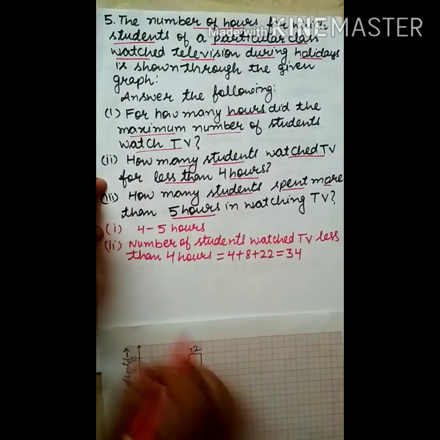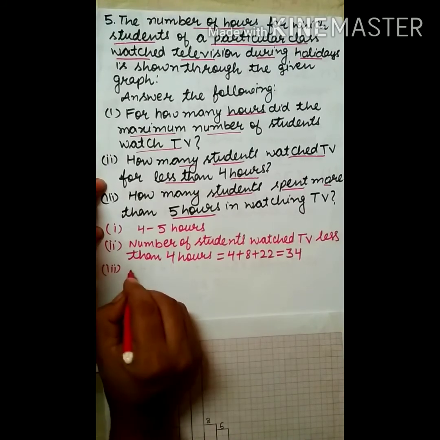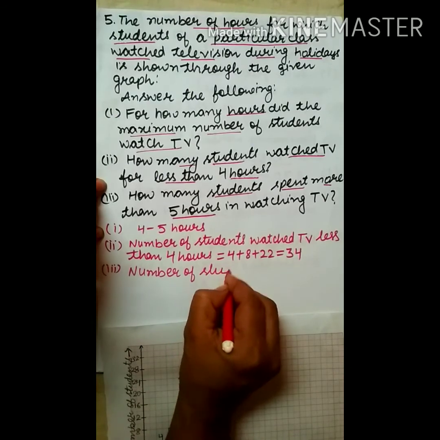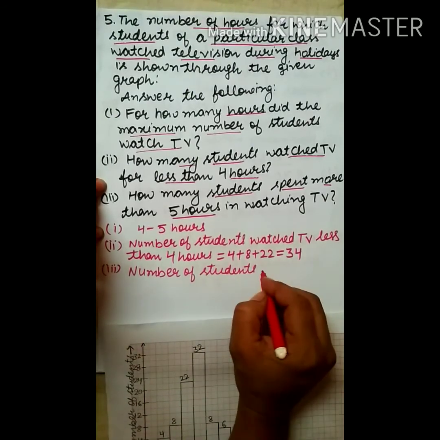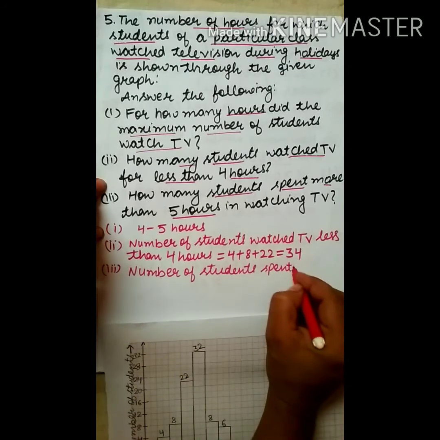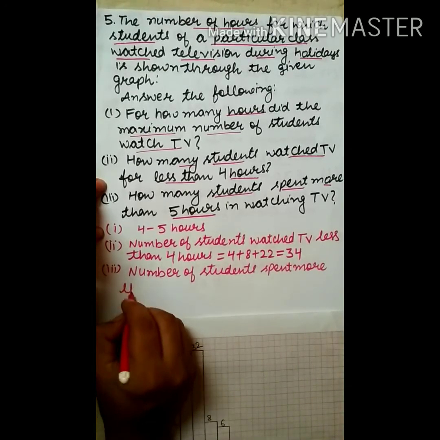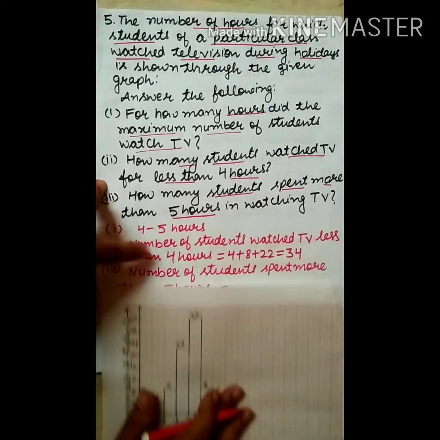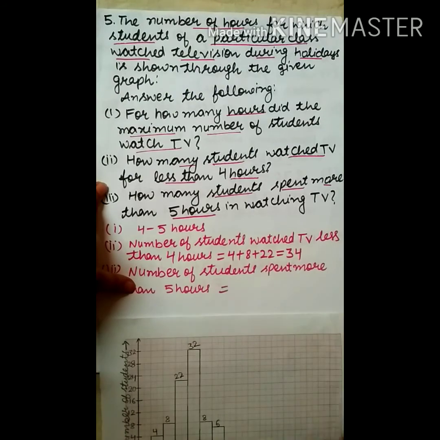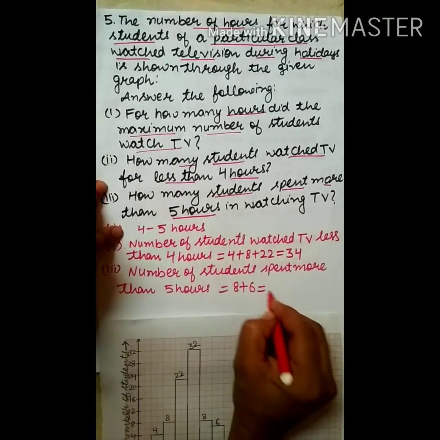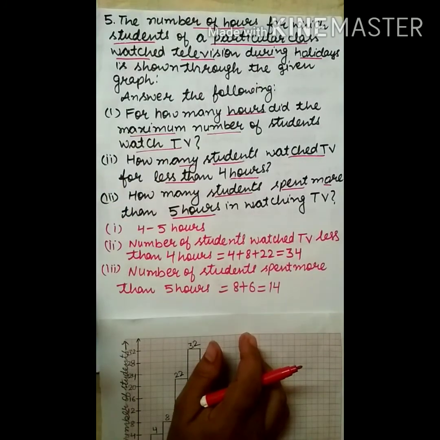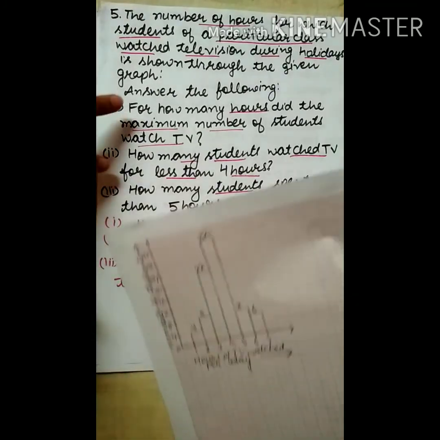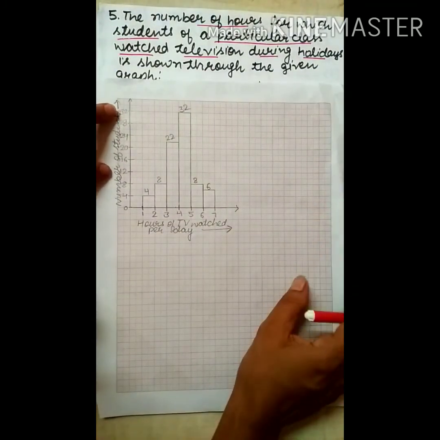So the number of students who spent more than 5 hours is equal to 8 plus 6, which is equal to 14 students who are watching TV for more than 5 hours. So this is all about exercise 5.1. Thank you.